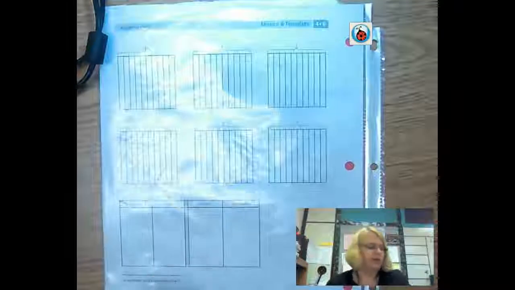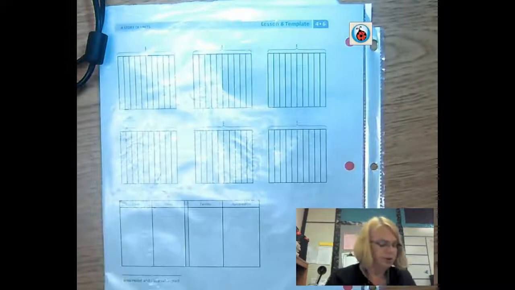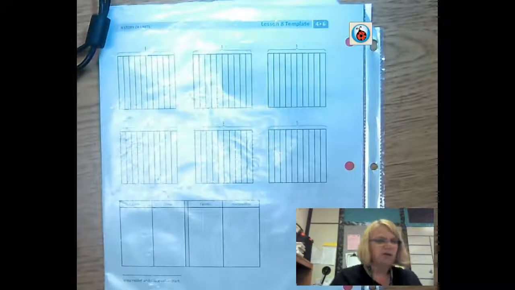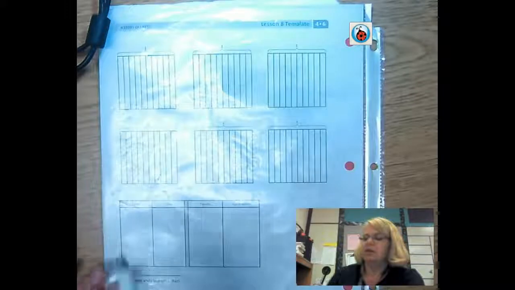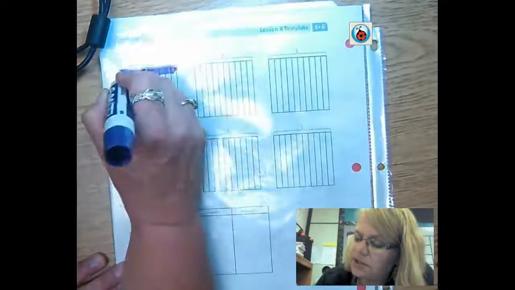on the template, so go ahead and get out your template. You can do this with me. I'm going to do it with a whiteboard marker. You can do it with a whiteboard marker in your sleeve, or you can just do it on the paper. So, the first one I'm going to do is I'm going to represent this number. I'm not going to tell you what it is, I'm just going to draw it.